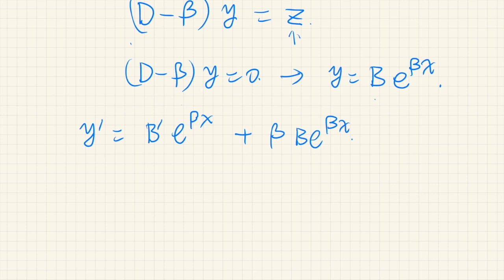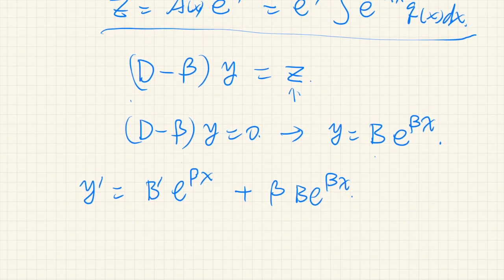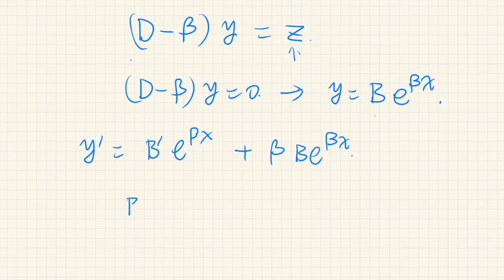And by substituting this into here, we should have b prime exponential of beta x equal to this z.